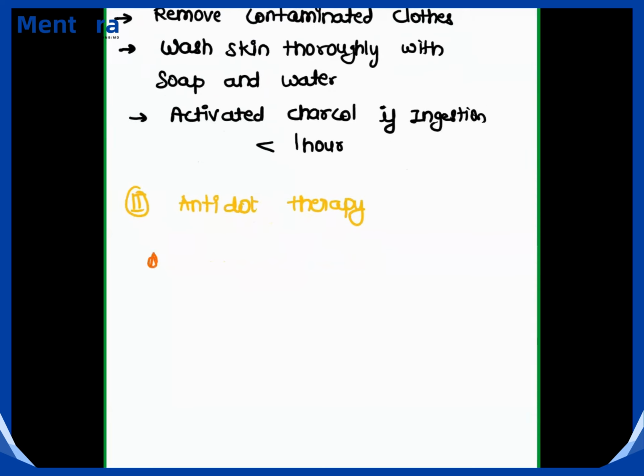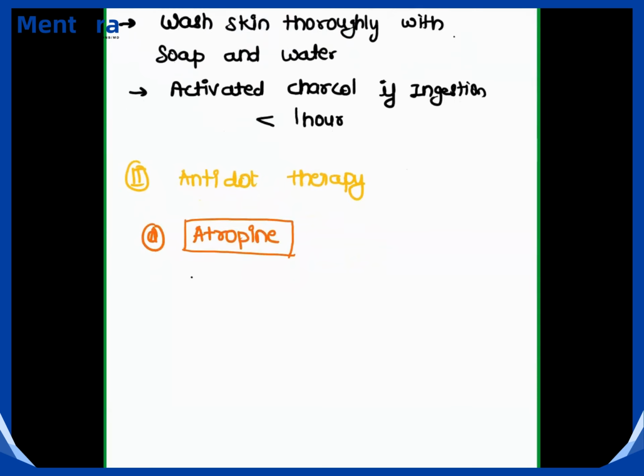So the antidote for OP poisoning is atropine. Atropine is an anticholinergic agent.